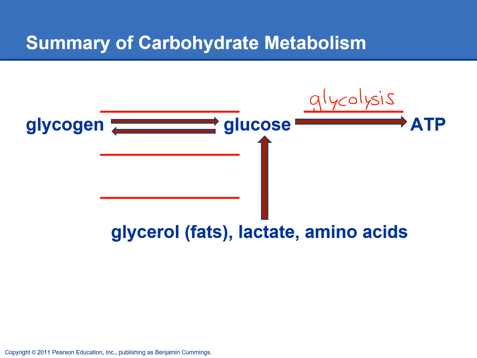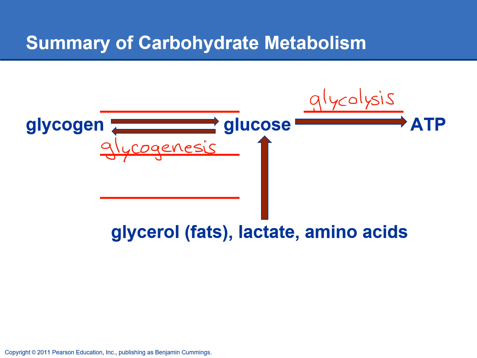All right. And then if you have some extra glucose and you want to store it for later, you can join the glucoses together to make glycogen. So going from the glucose to make the glycogen, that's called glycogenesis. Remember, glyco is referring to glycogen, and then genesis means to form or produce.